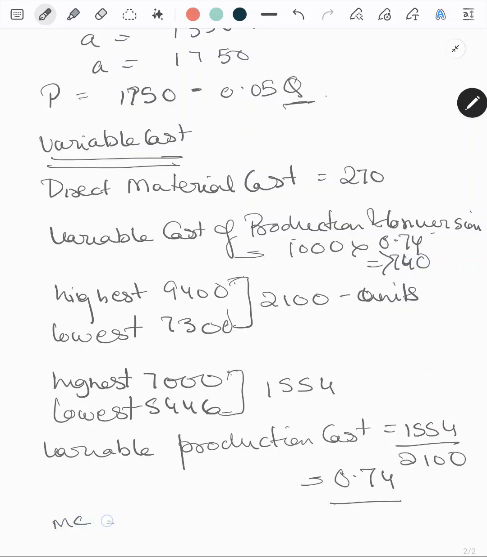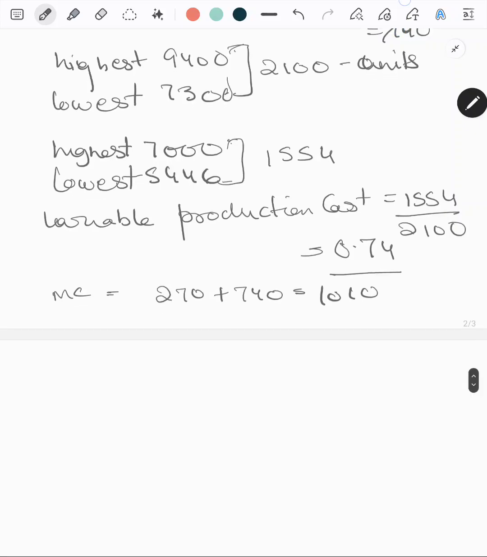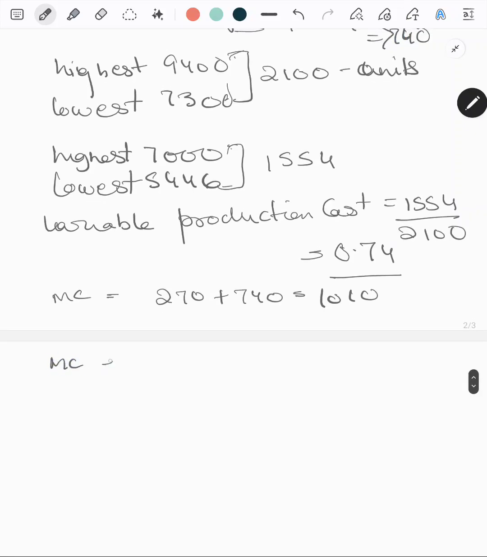So now the marginal cost will be 270 plus 740, which is 1010, and marginal cost is equal to marginal revenue, and the marginal revenue equation is A minus 2BQ.